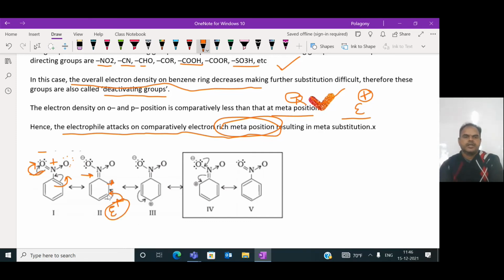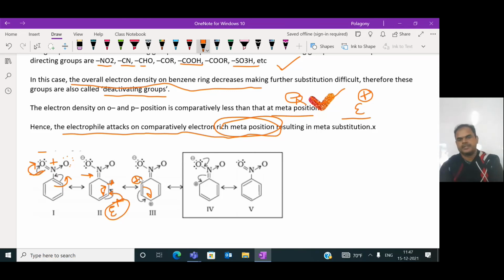In case the electrophile does not approach this meta position, what happens? There is resonance. Electrons will move on to this. These pi electrons will move to the positive charge. Then the positive charge shifts from the ortho position to the para position. Again the pi electrons move to this para position, and the positive charge is produced here, transferred to the ortho place.